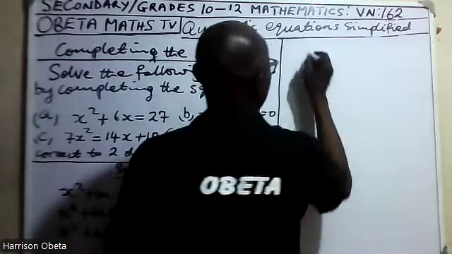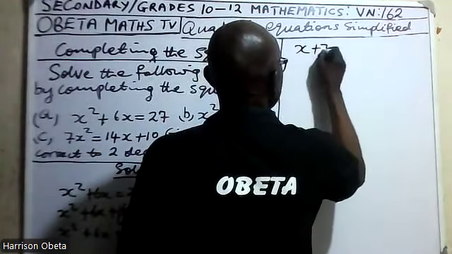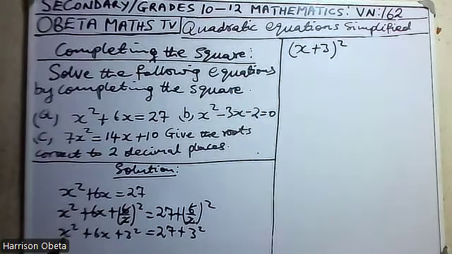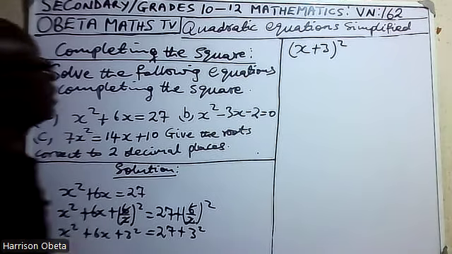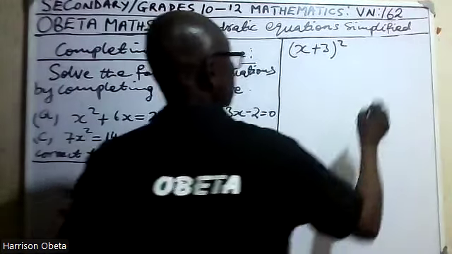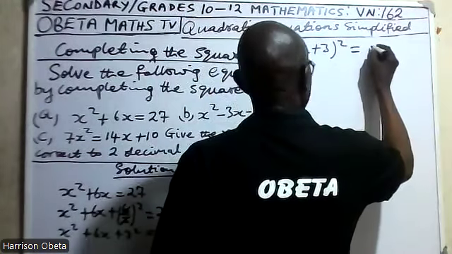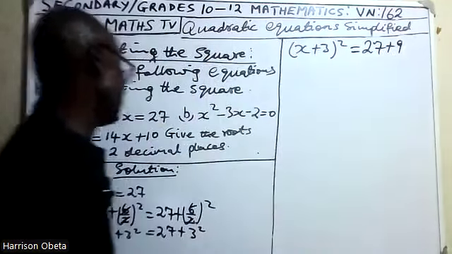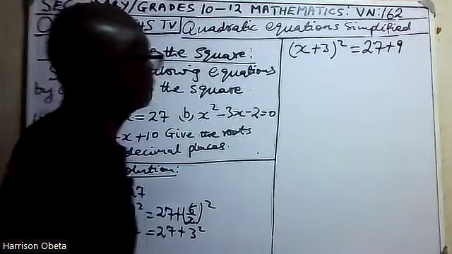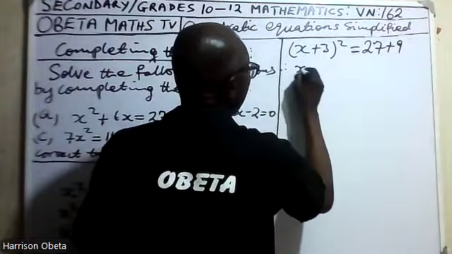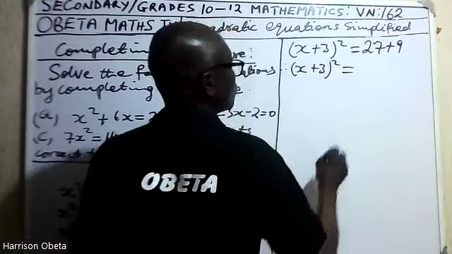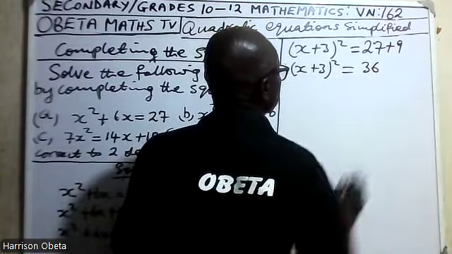So we have x plus 3 all squared. This is 3 squared, and then 27 plus 9, because 3 times 3 is 9. So that means x plus 3 squared is equal to 36.